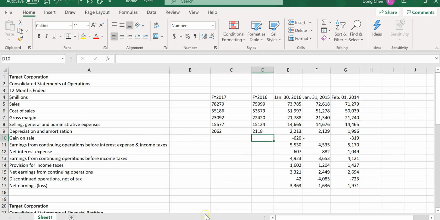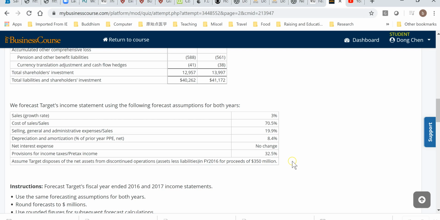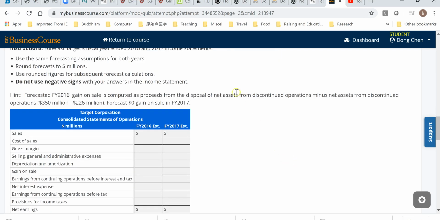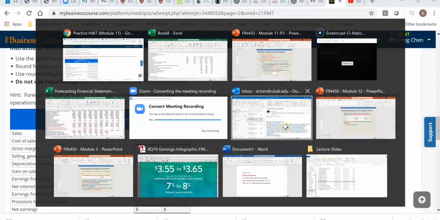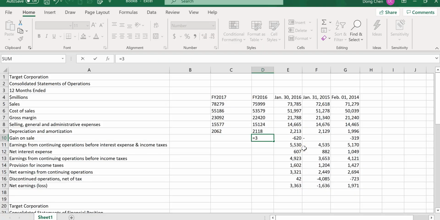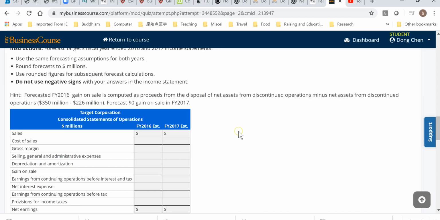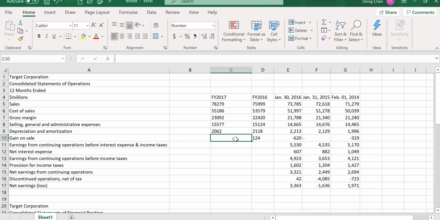And the gain on sale is directly provided. The gain on sale for fiscal year 2016 is going to be 350 minus 226, so 124. And it's going to be 0 for fiscal year 2017.